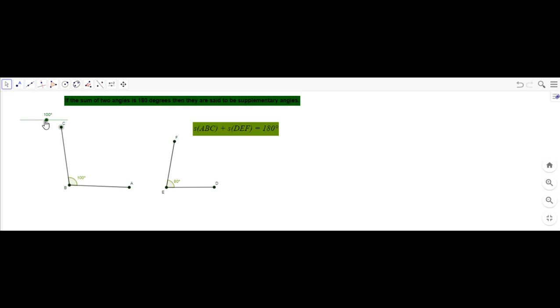For example, when I make the angle ABC acute, then the other angle should be obtuse. Just one thing, if it is 90 degrees, the other should be 90 degrees, so both of them will be right angles. Okay, let's continue.